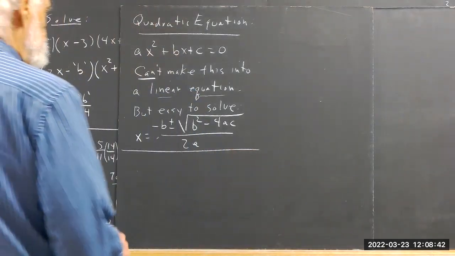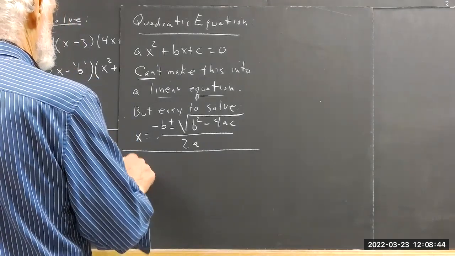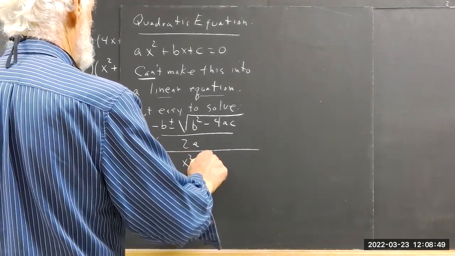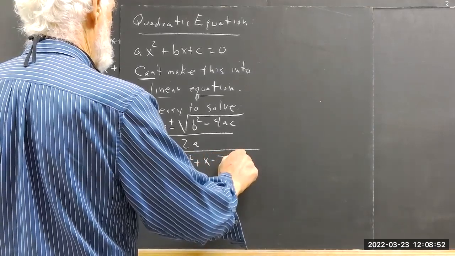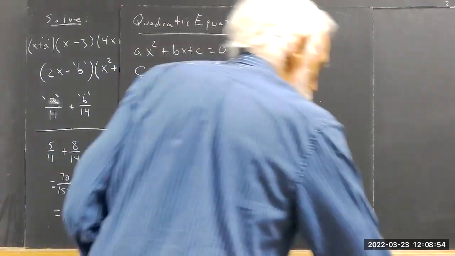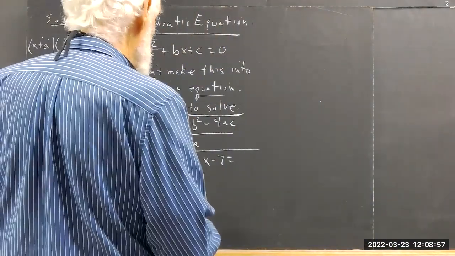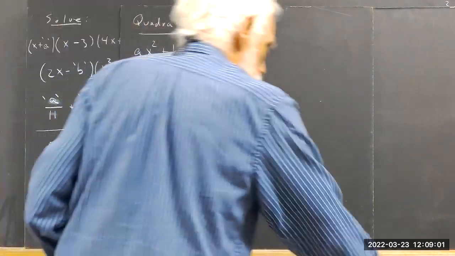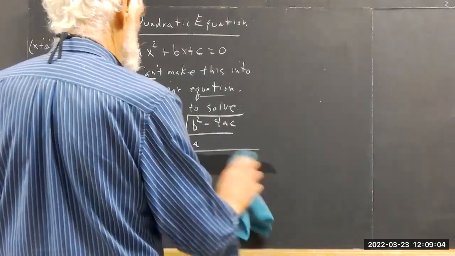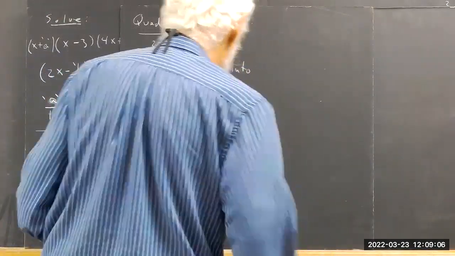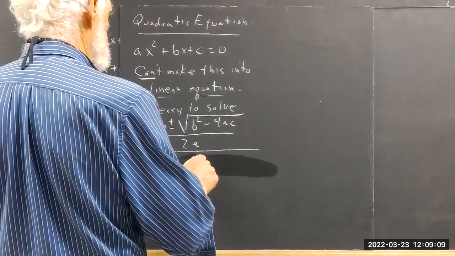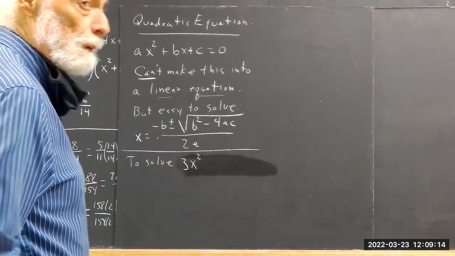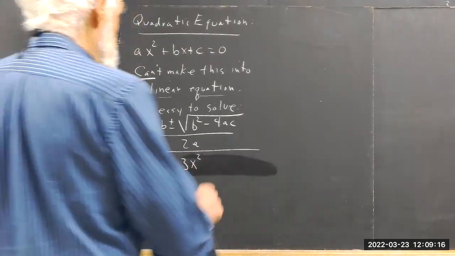Now, I don't want to solve that one because there are too many ones in it, and it'll be a better demonstration if I put a number in front of x squared, so we don't have any ones.